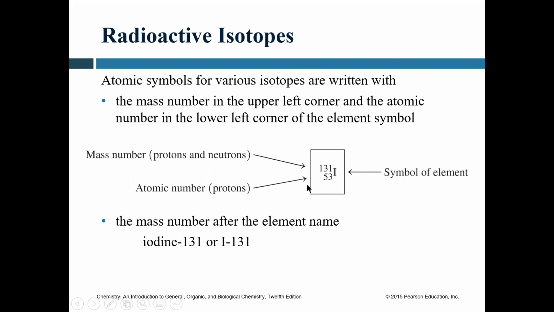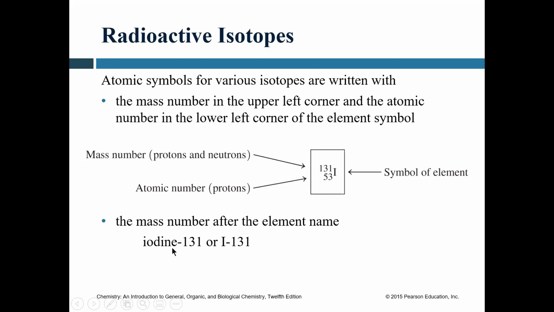So atomic symbols for various isotopes are often written like this, but sometimes they can be written like this or like this, right? If we're dealing with iodine-131, we wouldn't call it iodine-53, because 53 is the number of protons in order to be identified as iodine. We would call it iodine-131, meaning that we have a total nucleus mass of 131.